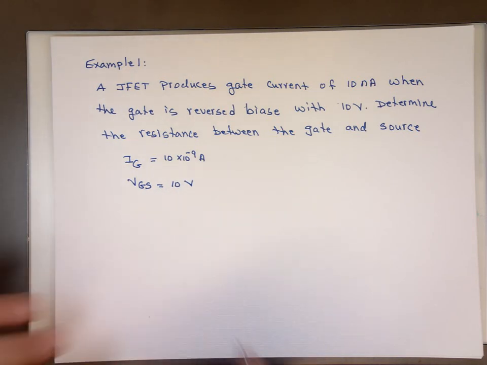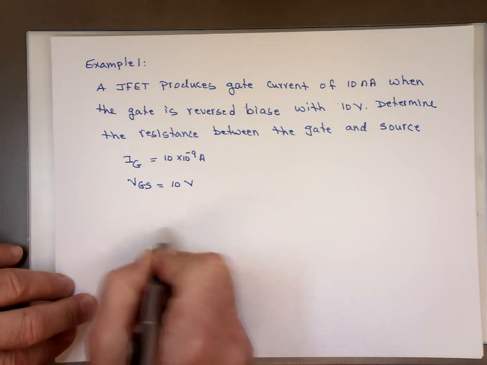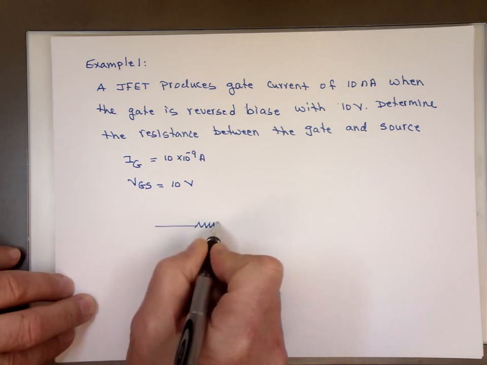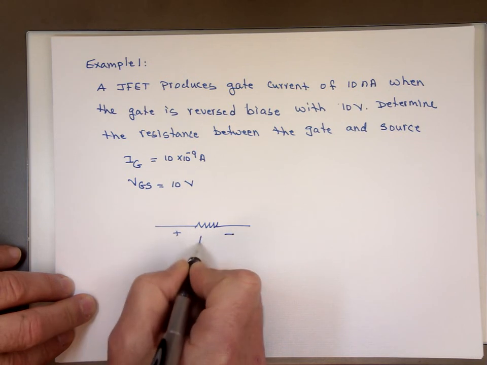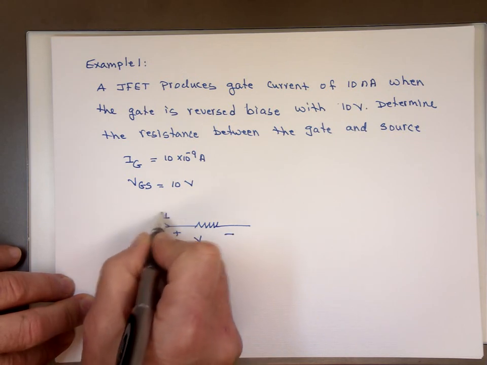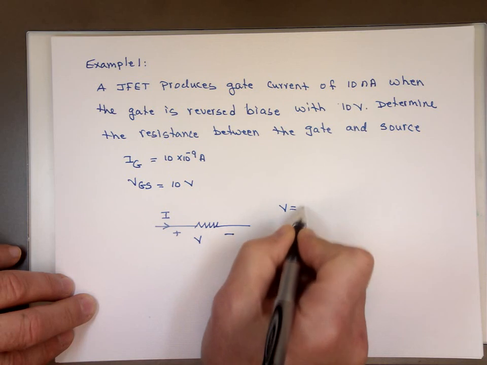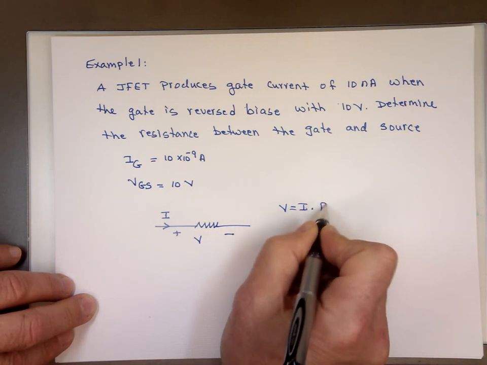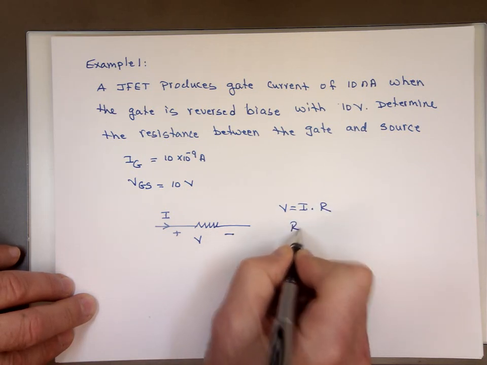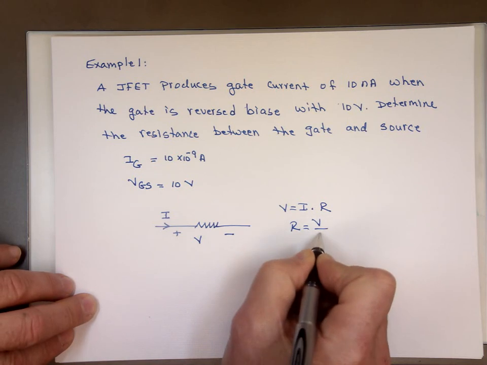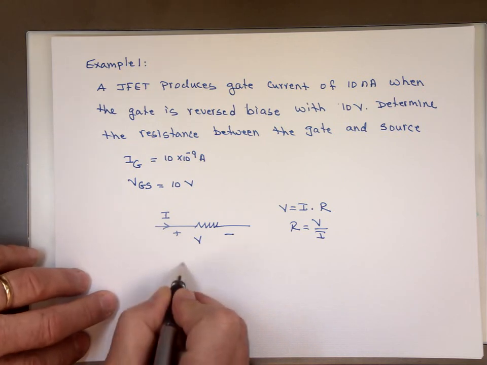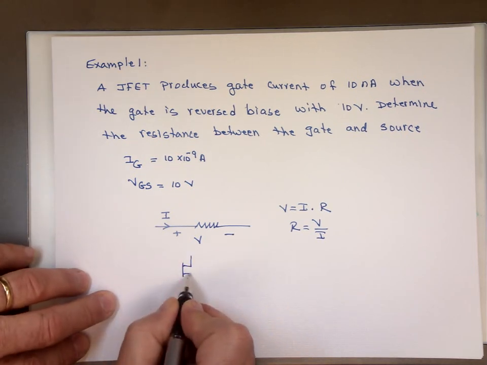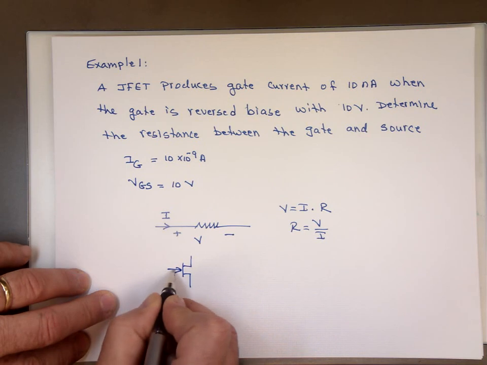And if you recall Ohm's law, if you have a resistor here, this is the voltage across the resistor, V, this is the current going through it. Ohm's law says V equals I times R, which means R equals the voltage divided by I. Well, we're going to use the same thing here, except we're talking about a JFET here.